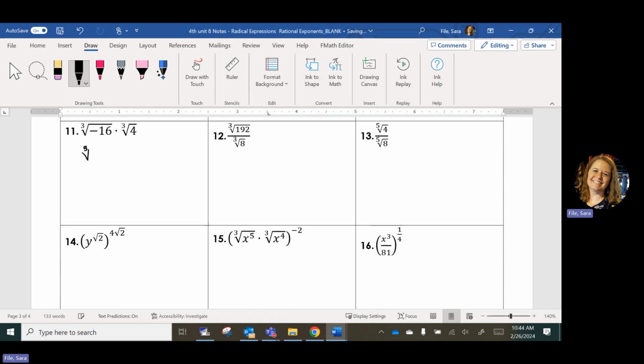So it can be combined into a single cube root. Because they are both cube roots, we can put them together as 1. So we can do the -16 times 4 together under the radical. What is -16 times 4? So negative 64. Can I have a negative under a radical?